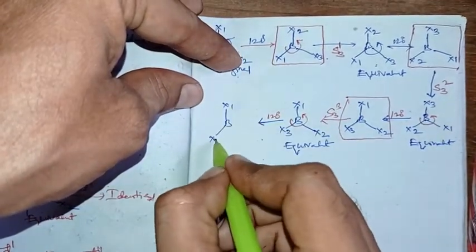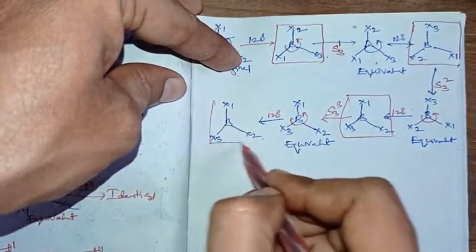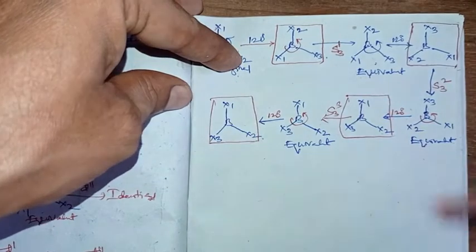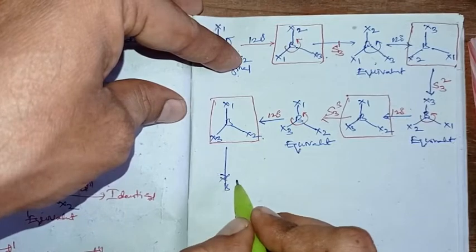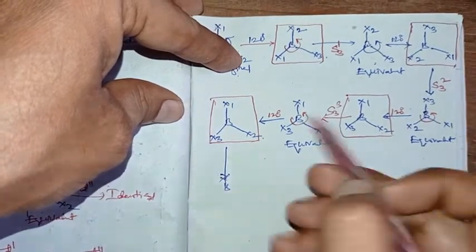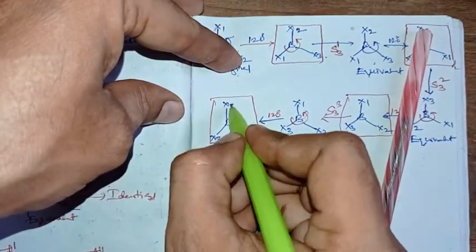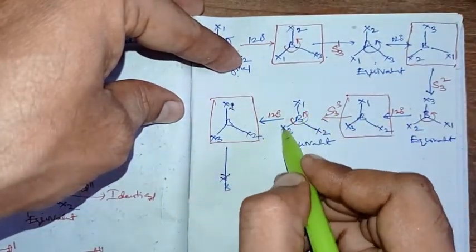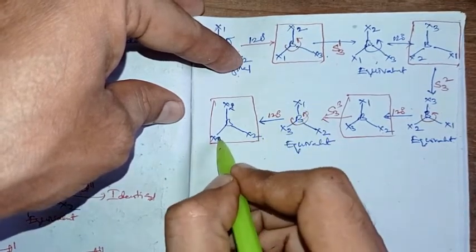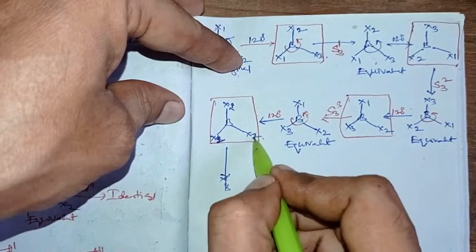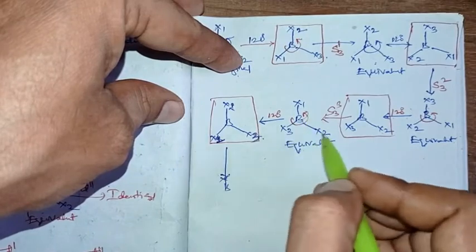Here x1, x3, x2, and we get a reflection through the plane, where after getting the rotation, the x2 will be above, here it will get x1, here x3, right?